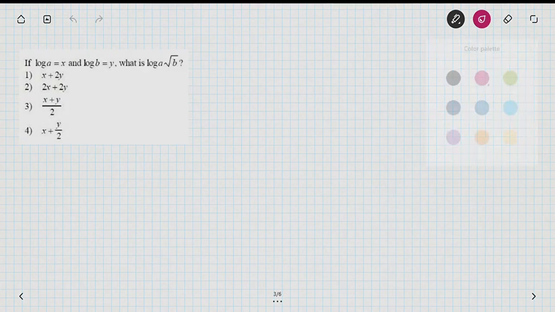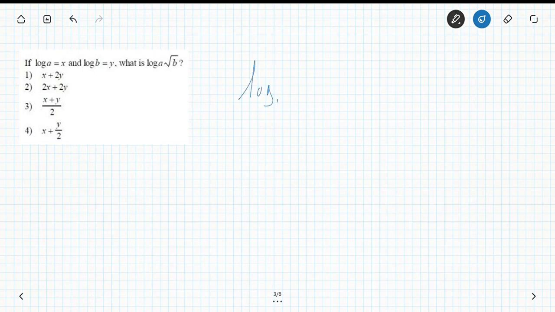Now here we have, let's use a different color. So we have log of a. Now, if you do not have a base explicitly given, you will assume that the base of this log is 10. Okay? The reason why it's not mentioned is because the convention of logs is that its base is 10.